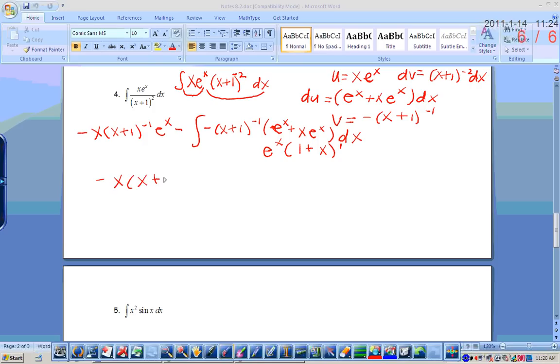And I can even pull that negative out in front and make it plus the integral of e to the x. So something that looks really, really scary can very quickly turn into something that's not very scary.